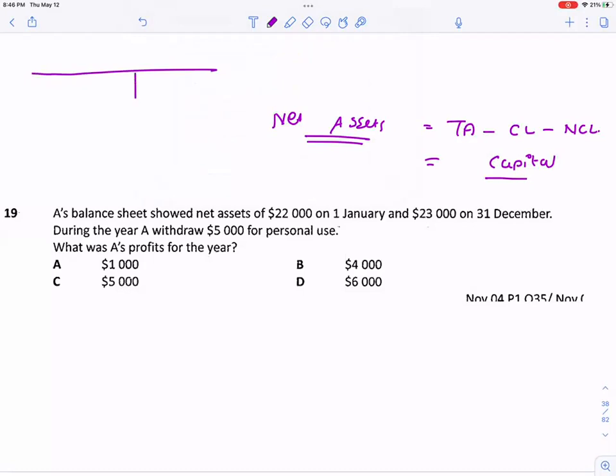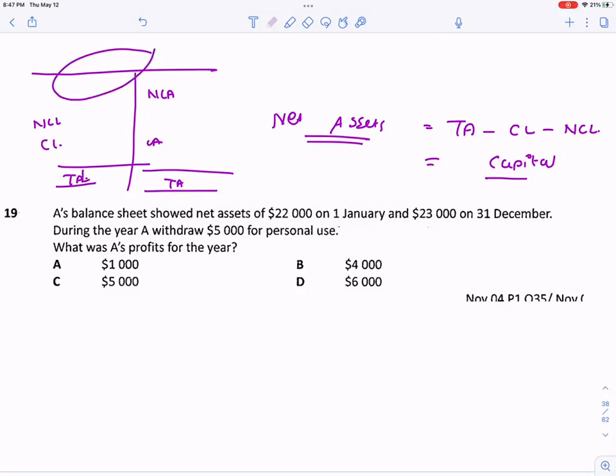Here you have non-current assets, current assets, total assets. From the total assets, if you subtract your non-current liability and current liability, you get capital. But it is also called net assets.